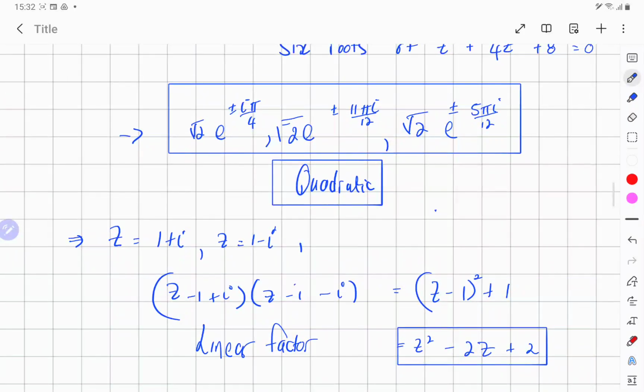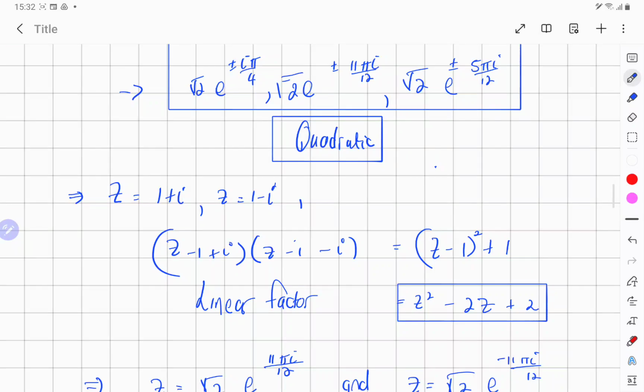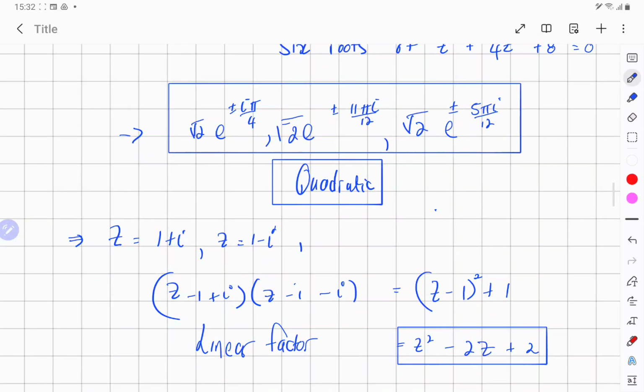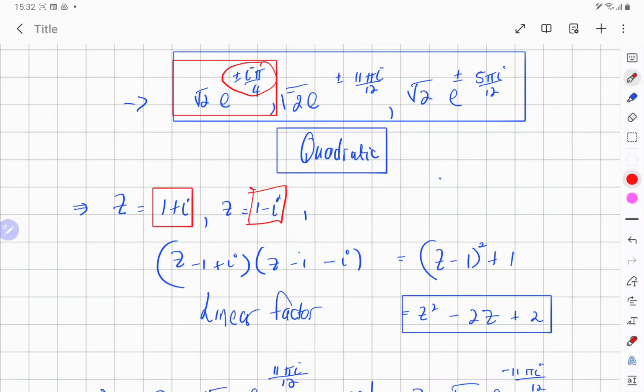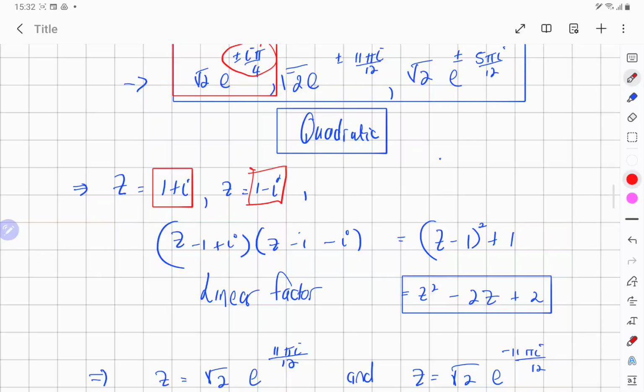We know now that we have root 2, if we look at our first one, root 2 plus or minus i pi over 4. Now remember earlier I just got z is 1 plus i, but because they are conjugates, plus or minus, I know 1 minus i is also a root.